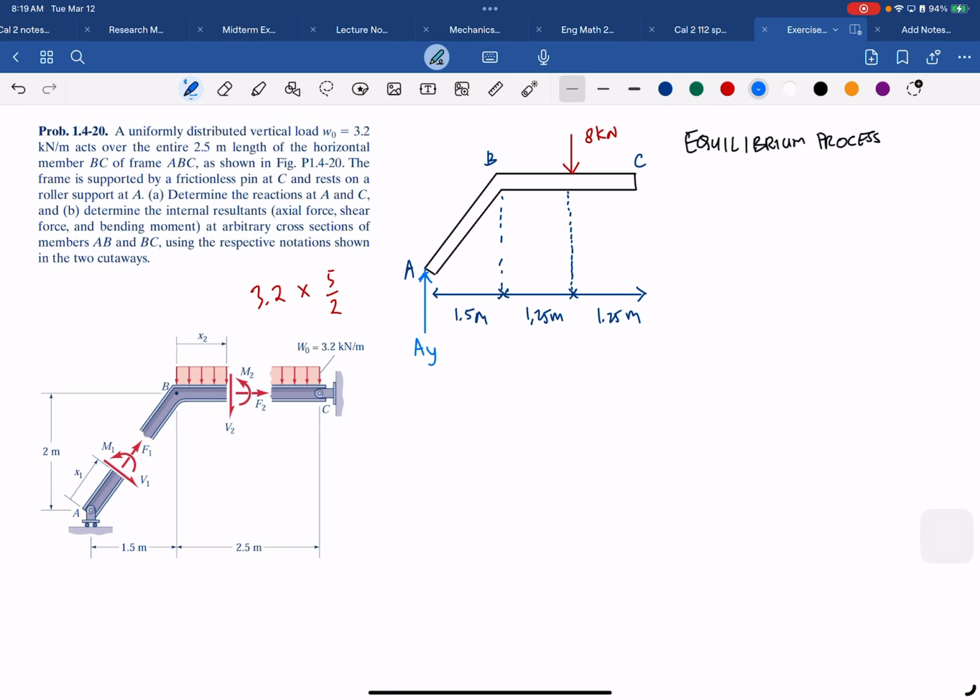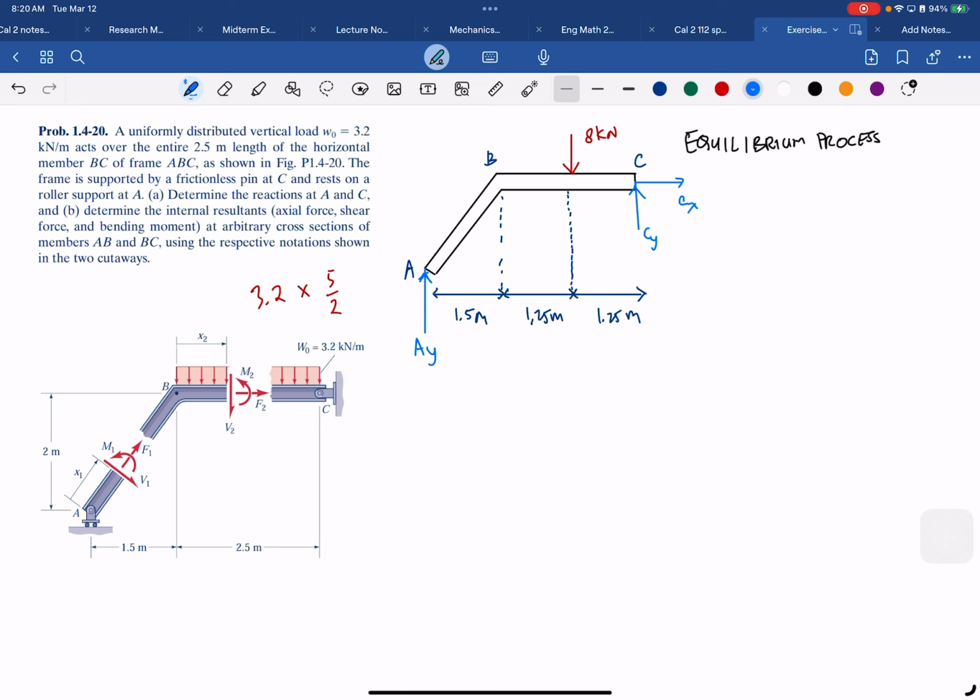And then we have both reactions at C, CX and CY. You can assume the directions based on your experience, or just write them randomly, and you will notice the correct directions when you compute the numbers. Okay, I think all done.